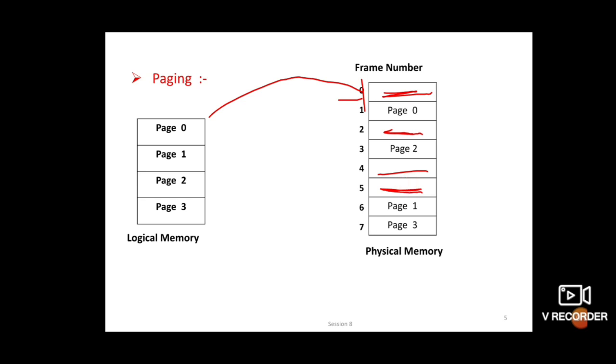We already know memory is byte addressable, meaning memory is represented through bytes. So remember, frame size and page size should always be the same.